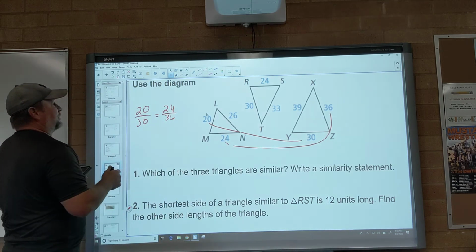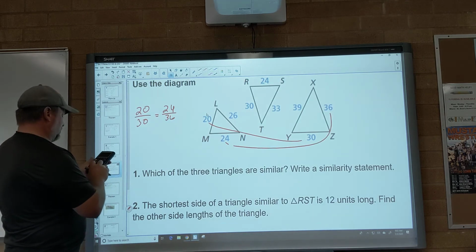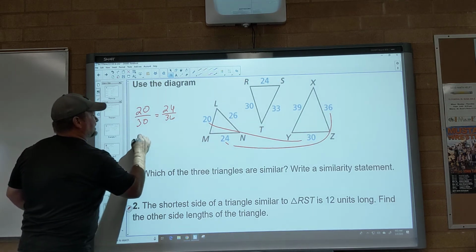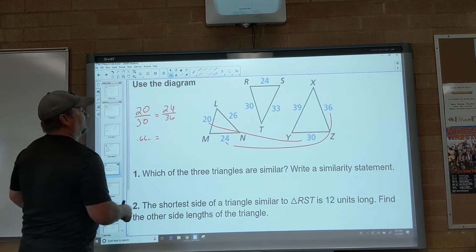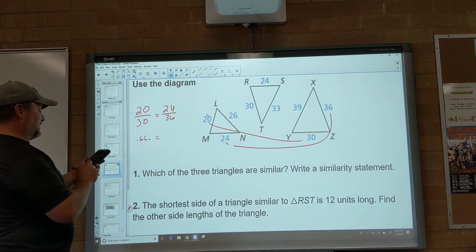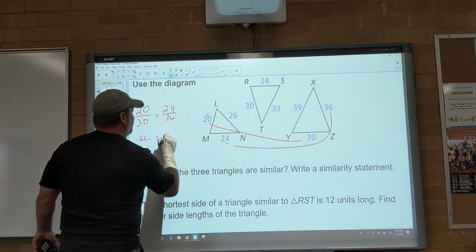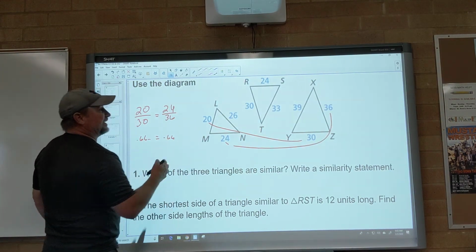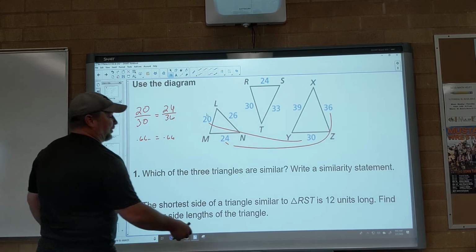Okay, let's just see what we get. I'm going to go 20 divided by 30, that's 0.66 repeating. That's 2/3. And then 24 divided by 36 is the same thing, 0.666 repeating with a 7 at the end. Yay. So it's 2/3. They're both 2/3.